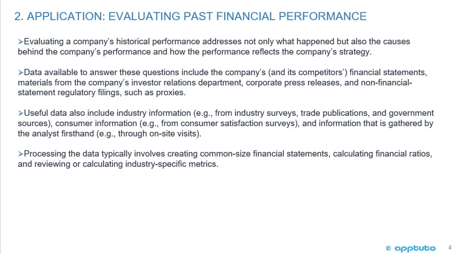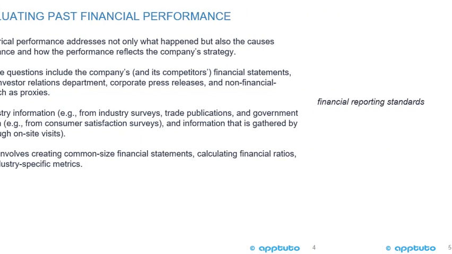Useful data also include industry information from industry surveys, trade publications, and government sources, consumer information from customer satisfaction surveys, and information that is gathered by the analyst firsthand through on-site visits. Processing the data typically involves creating common-size financial statements, calculating financial ratios, and reviewing or calculating industry-specific measures.